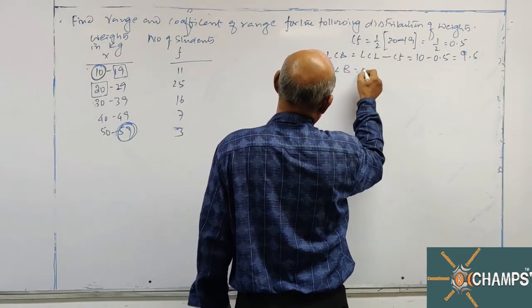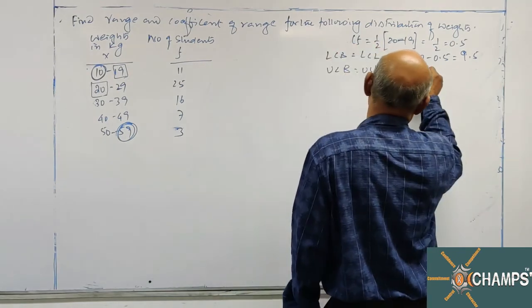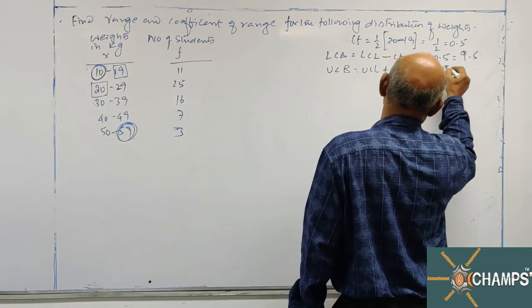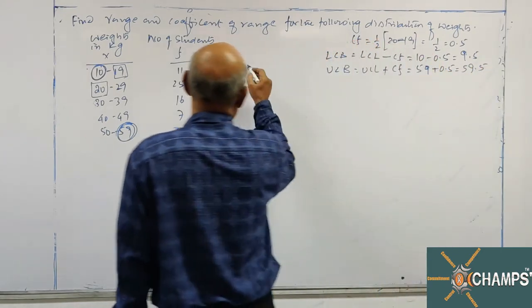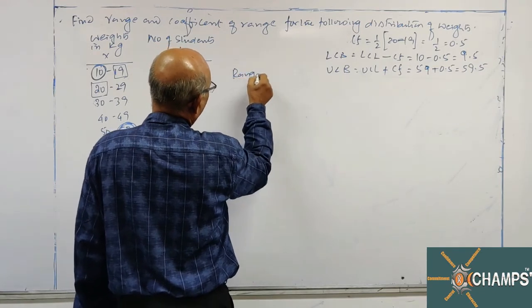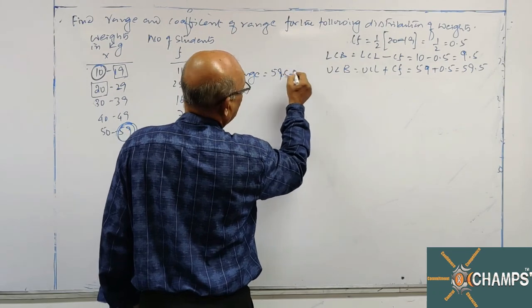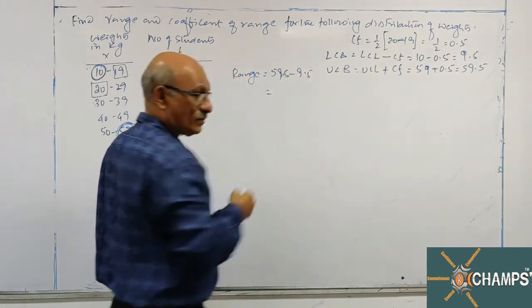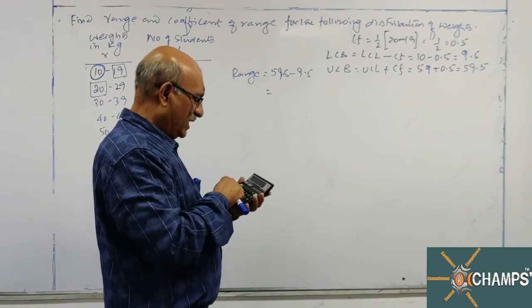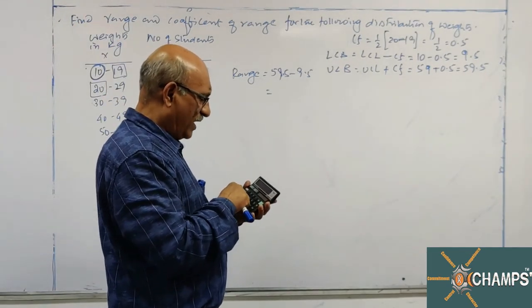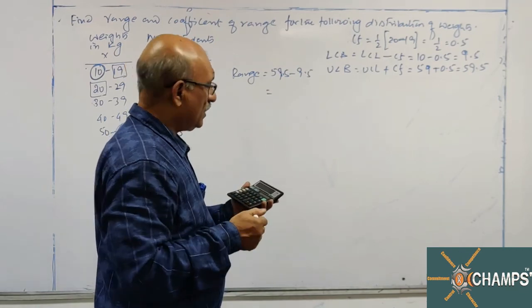Upper class boundary is equal to upper class limit plus correction factor. 59 plus 0.5, 59.5. So range is equal to 59.5 minus 9.5, this is 50.